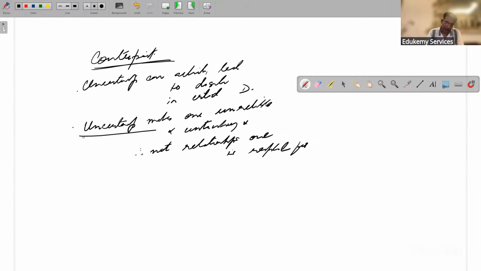Go for uncertain, hamesha tentative, you will not be reliable, you won't be trustworthy. ये counterpoint है.